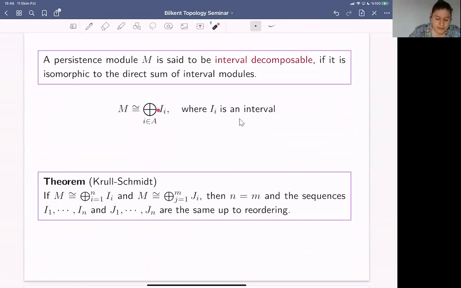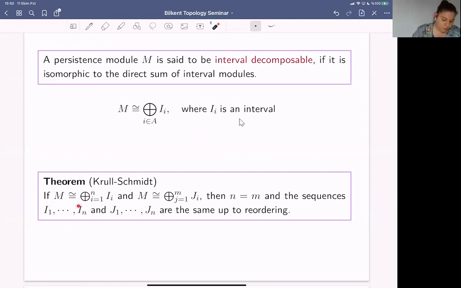So here, each I sub alpha is an interval, and you can consider an arbitrary index set for the direct sum of these intervals. If we say this is interval decomposable, this representation is unique up to reordering.